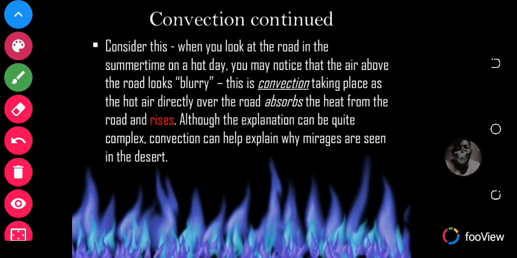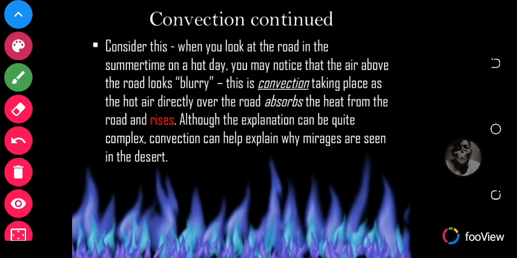Convection. So consider this: when you look at the road in the summertime, or on a hot day, you may notice that the air above the road looks blurry. This is convection taking place as the hot air directly over the road absorbs the heat from the road and rises.